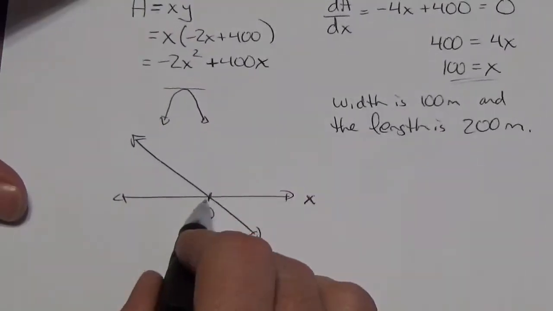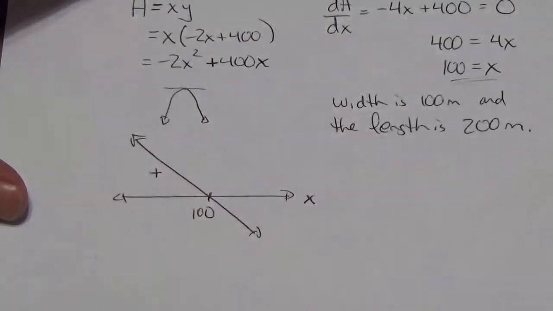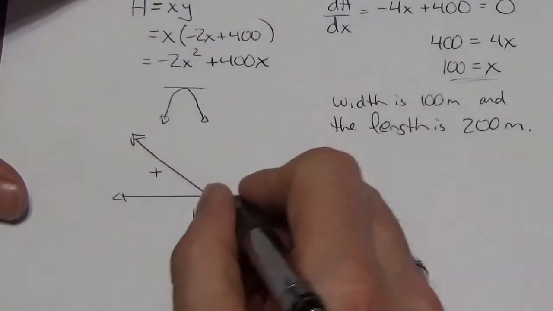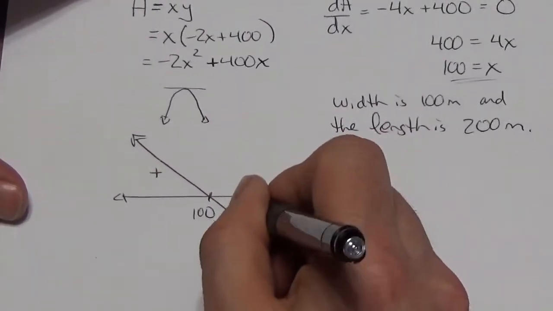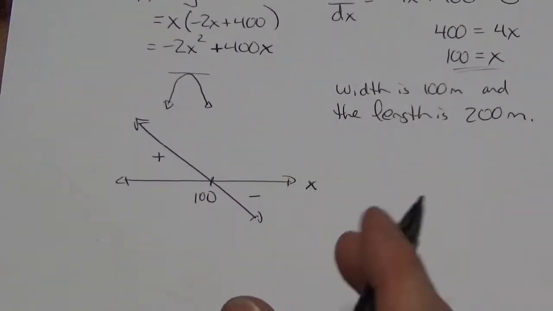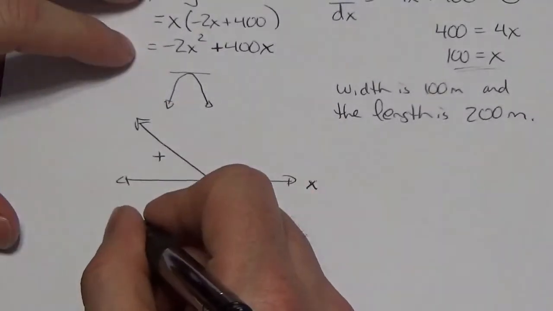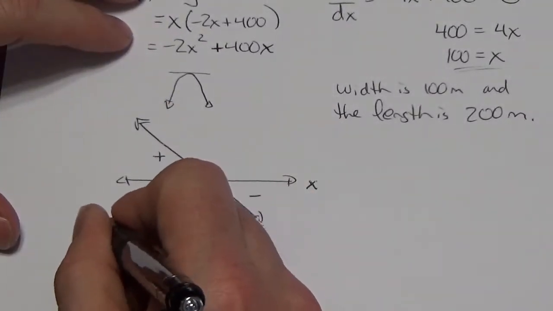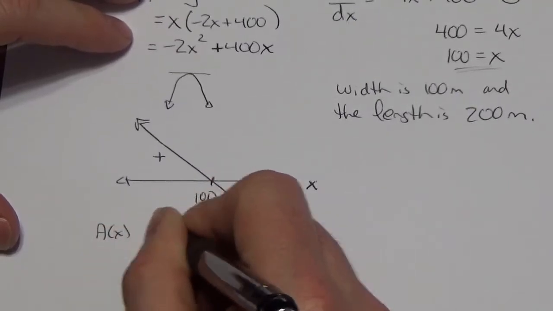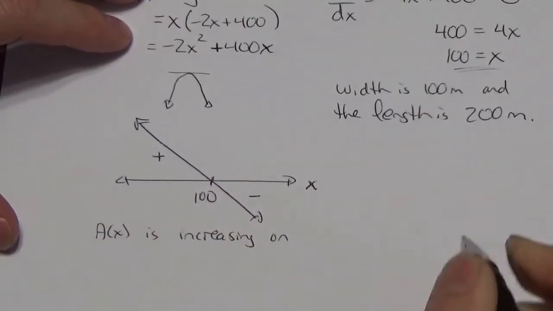I can see that if I pick a value to the left of 100, my derivative is positive. I can see that if I pick a value to the right of 100, my derivative is negative. Okay, and so I think back what that means. That means my function, a of x, is increasing on the interval.